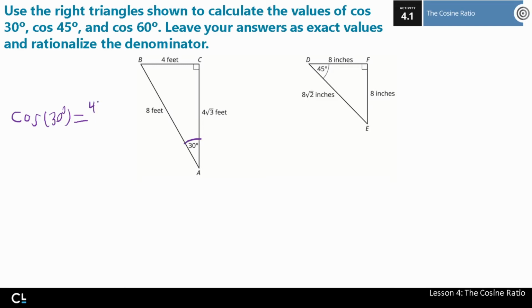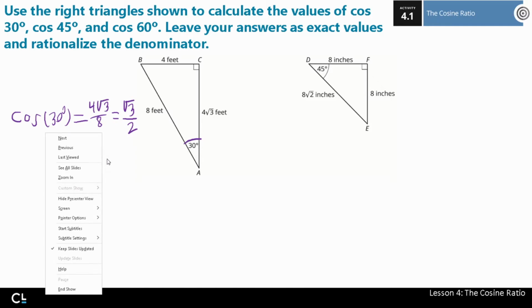And we could simplify this. Divide the top and the bottom by 4. Up top, they cancel. So it's going to leave me with radical 3, down below, 2. And if we plug this into our calculator, I'll put the number right below it. We should have seen this number already. So if I do radical 3 divided by 2, we've seen this number.